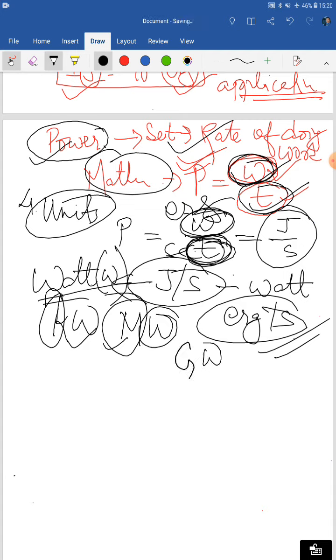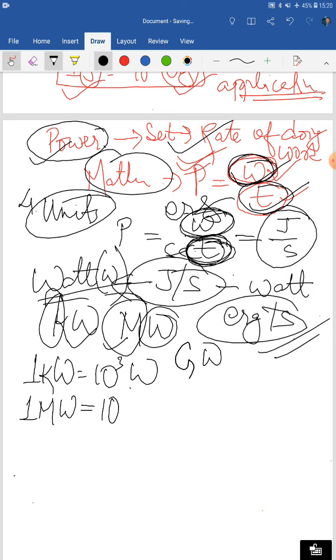And you must also know their relations. 1 kilowatt equals 10 to the power 3 watt. 1 megawatt equals 10 to the power 6 watt, and 1 gigawatt equals 10 to the power 9 watt. So please remember this.